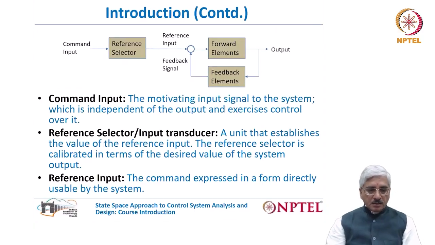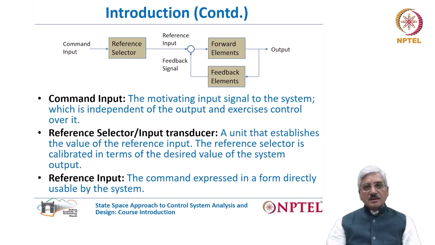Let us define the entities in the diagram. For example, command input is the motivating input signal to the system which is independent of the output and exercises control over it. It is generally required that the output should match the command input.